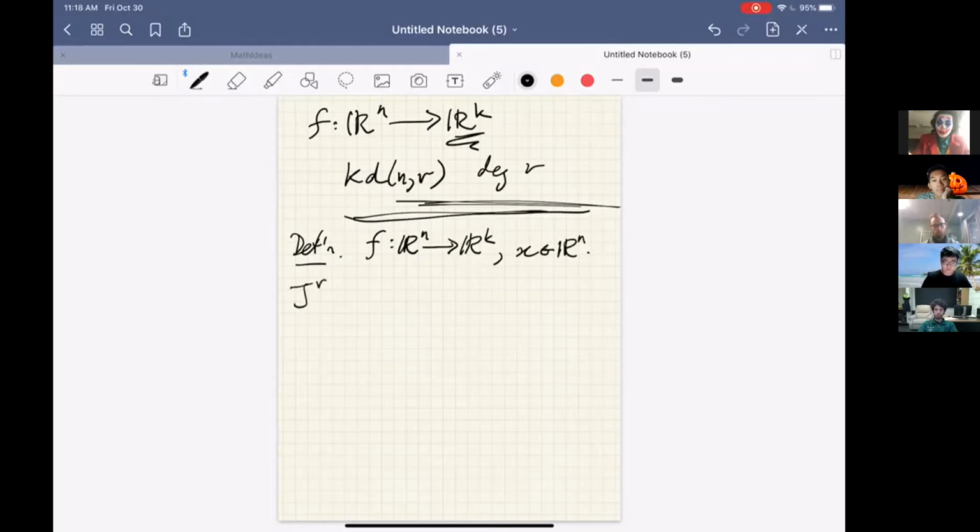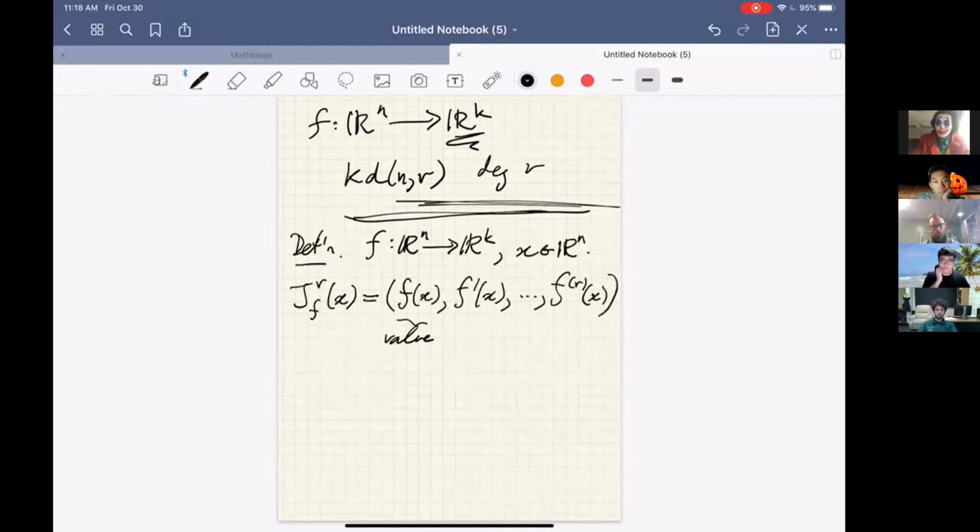I'm going to call it JR of F for point X. This is the tuple consisting of the value and all the derivatives. So let me explain the notation. So these are all the derivatives, all partials, in lexicographic order.